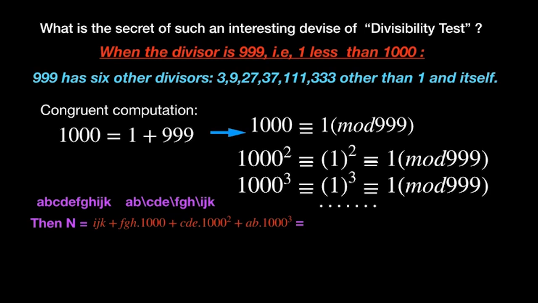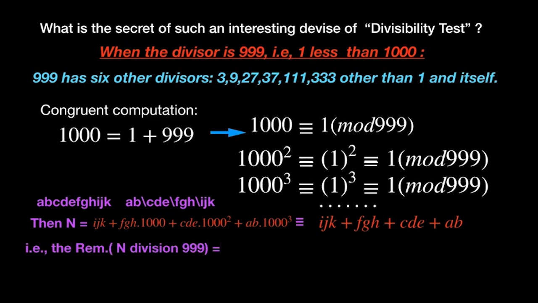By putting in the remainder values of the various powers of 1000, we get the total sum like this: ijk plus fgh plus cde plus ab.